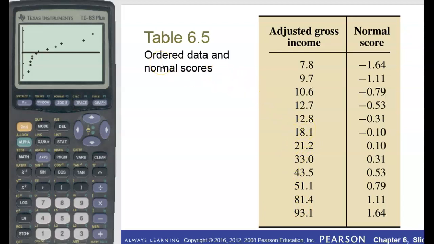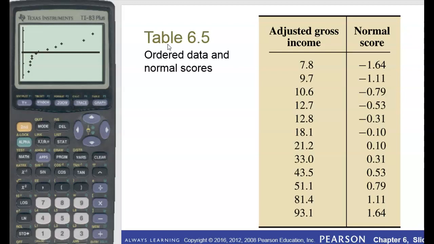We would want to make sure that something is normal. Here we only have 12 data points. They say the more data points you have, the more you can determine whether or not something's really normal.